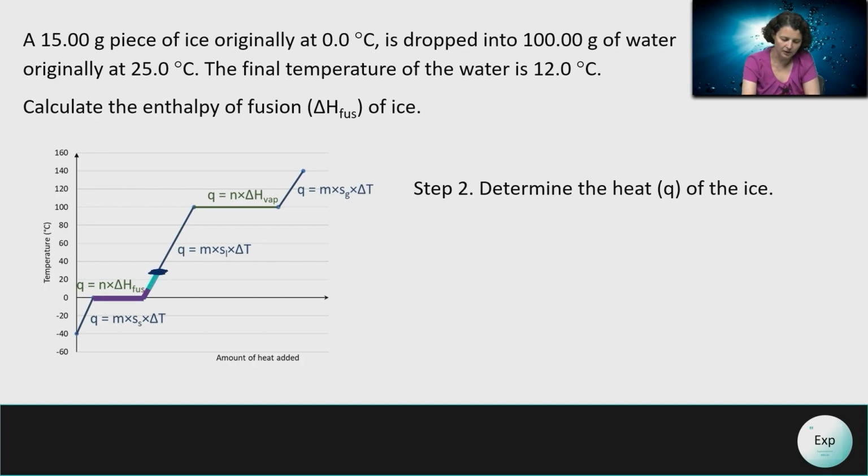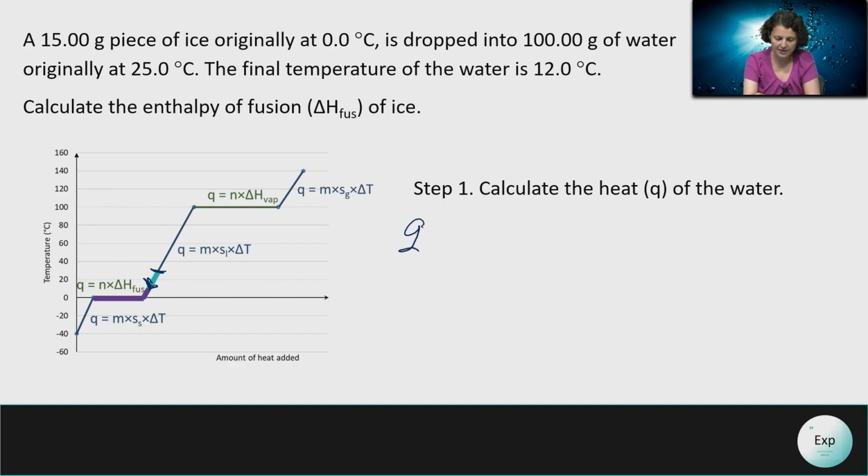First, we start with the water. The water starts at 25 degrees Celsius and it cools down to 12 degrees Celsius. So it goes from higher temperature to lower temperature, which means that the heat associated with this is going to carry a negative sign.